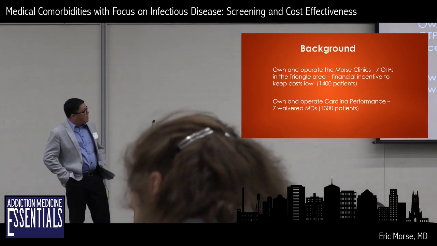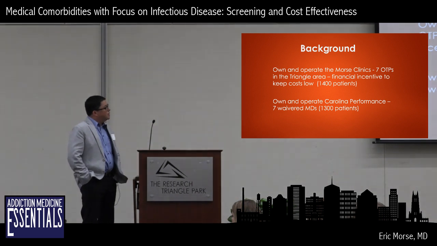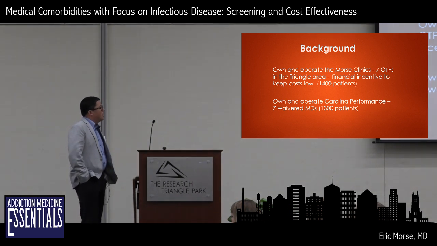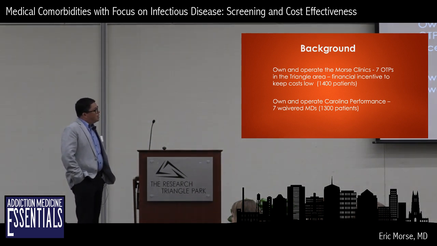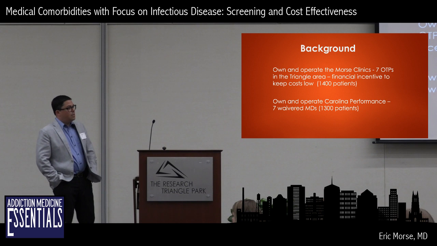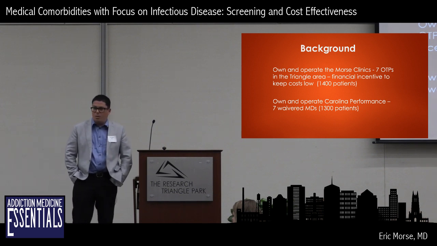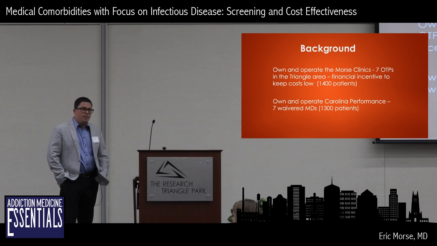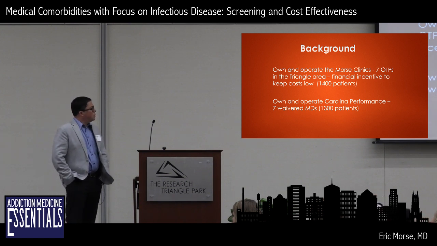So right now I own and operate 7 OTPs in the Triangle area. And we have about 1,400 patients in the 7 clinics. And it's important to try to keep your costs low when you're trying to keep your clinics open.